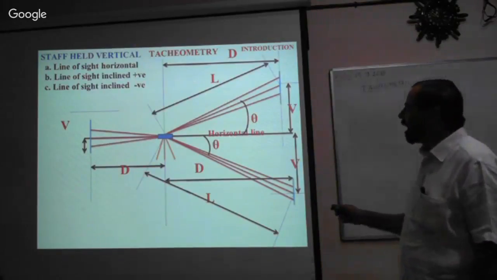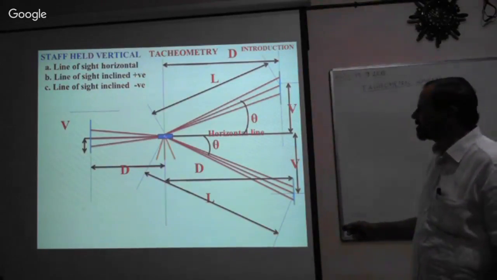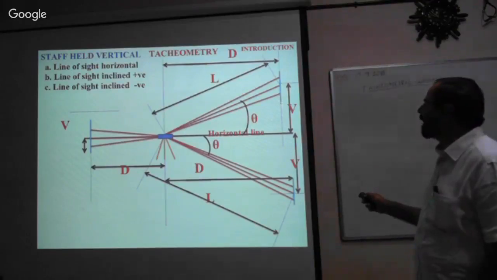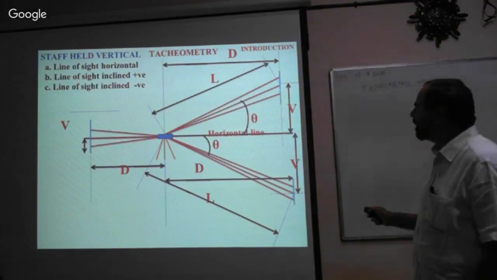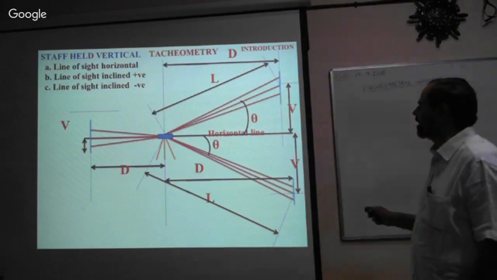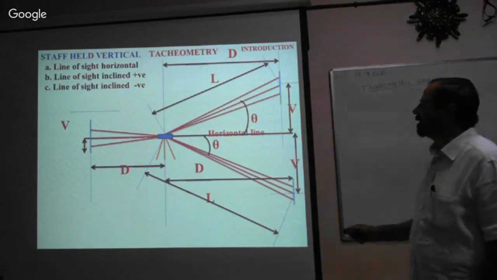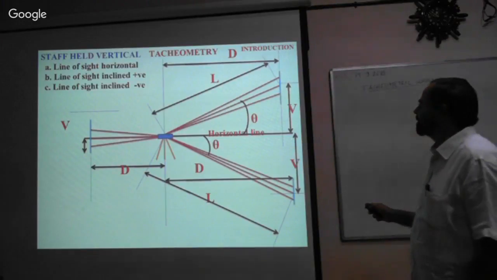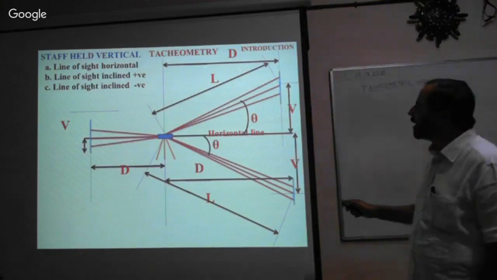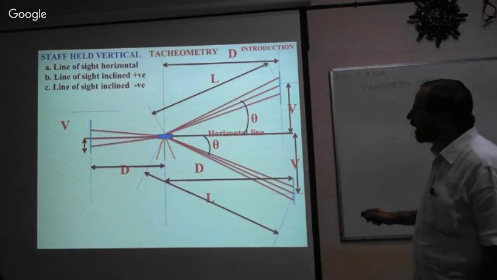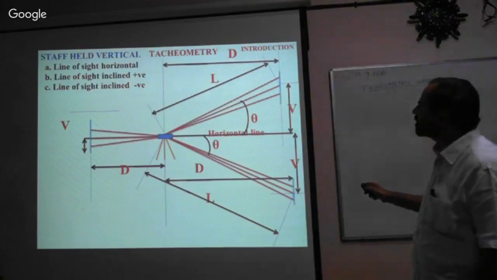Please note the horizontal distance from the instrument station to the location, and the vertical distance from the central hair reading to above the instrument axis, the horizontal line of sight. And that is HI, height of instrument. This is V, and please remember, now this is D, and the inclined length of line of sight is L. Please note this is L and this is D.